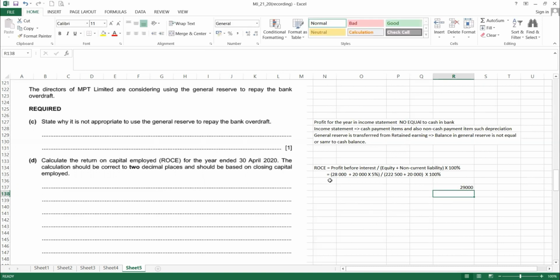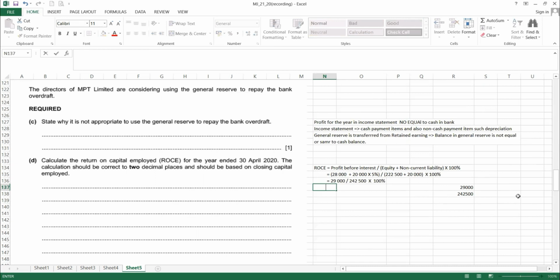So we get 29,000. Divide by the equity, this non-current liability plus equity, plus 20,000. So we get 242,500.